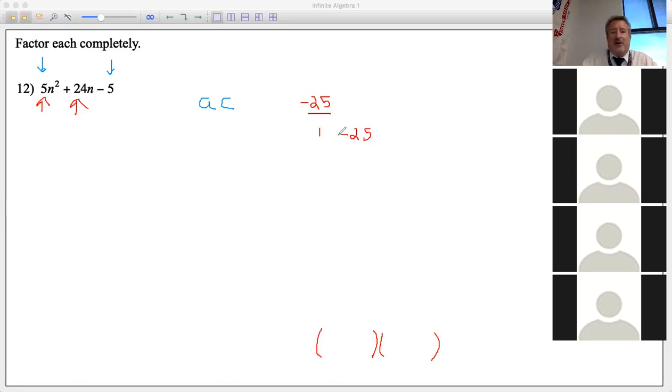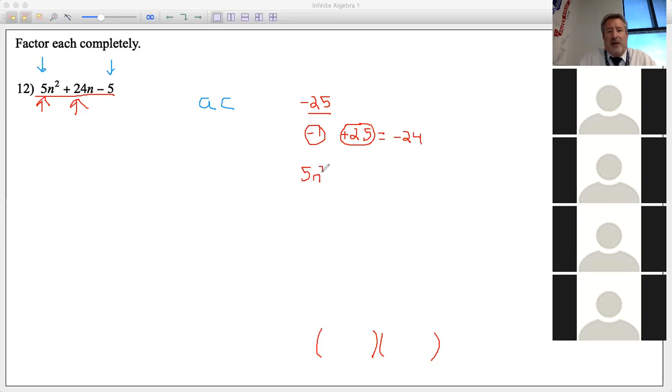If I just flip-flop these signs, I get to my +24: -1 times +25 is -25, and together they add up to +24. These aren't the final answers. They're kind of like the middle answer. Remember, this is the one where A does not equal 1. So here's what I do. I rewrite what I'm given, this whole part right here. So I've got a 5n squared.